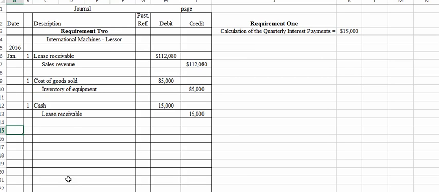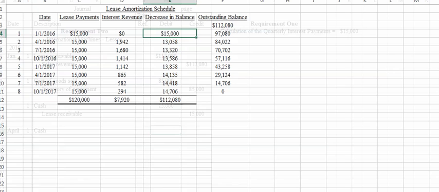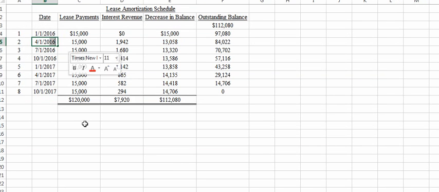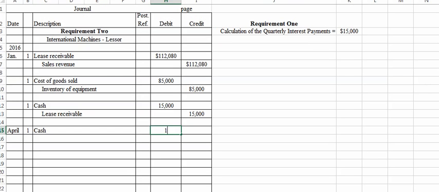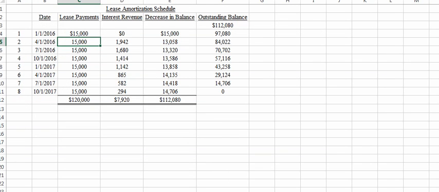Now they want the April 1st entry, which you've seen several times, or at least you saw it in the last problem. They're going to debit cash, the amount of the payment received on April 1st, which was $15,000. They're going to credit lease interest revenue. It doesn't matter which of your credits you list first. You could have listed lease receivable first, but I just kind of like going across our chart here.